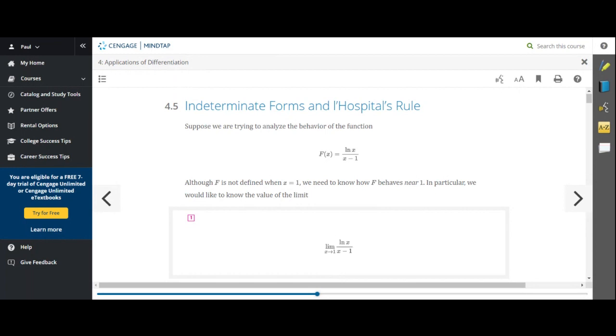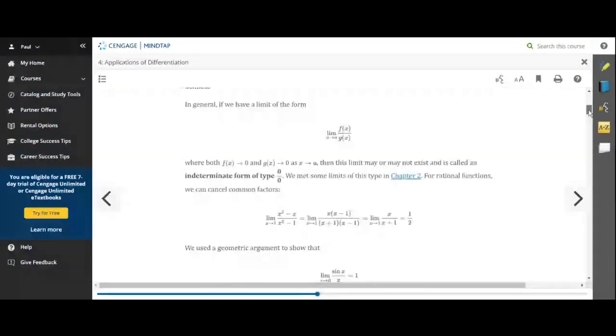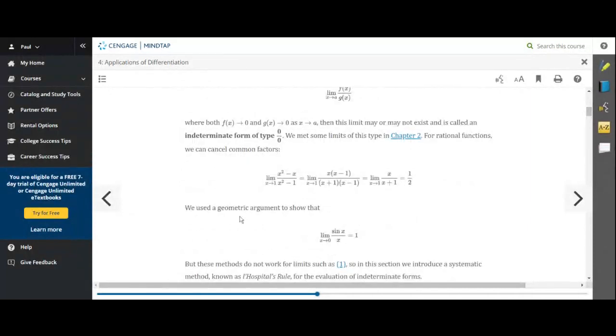Okay, and you've actually dealt with indeterminate limits before in Calculus 1. For instance, this is a very famous one: the limit as x approaches 1 of x squared minus x over x squared minus 1. You learned that you can factor, because remember, we're not putting 1 in for x. It's a limit.